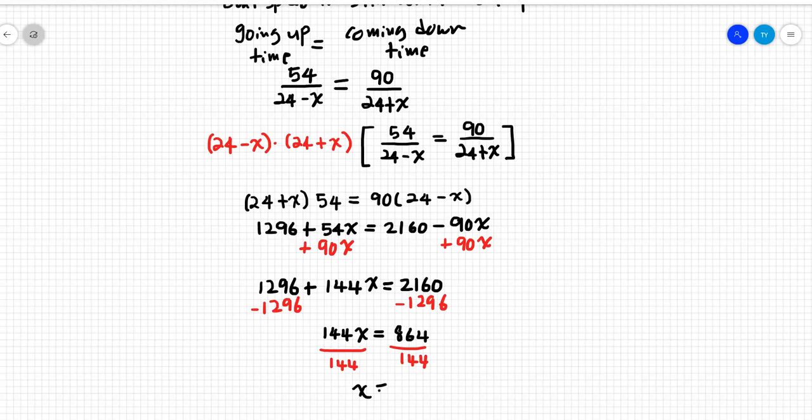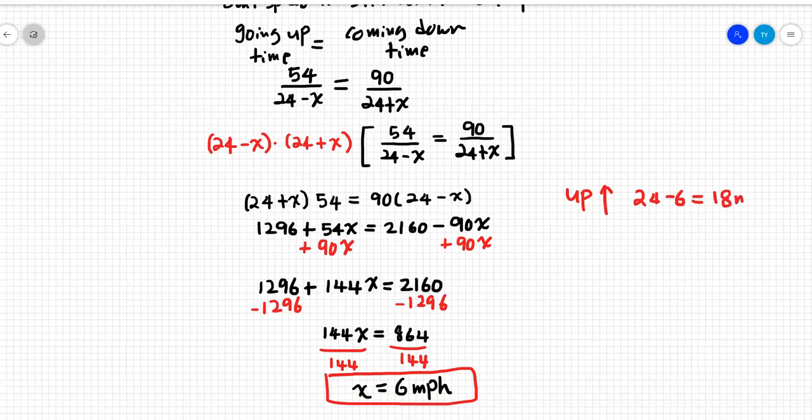So what we're saying here is that the current of the river is 6 miles per hour. So if you go up, you're going to do 24 minus 6, so you're going to end up with 18 miles per hour going upstream.